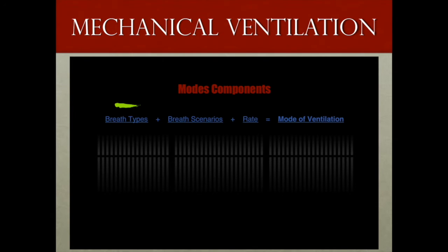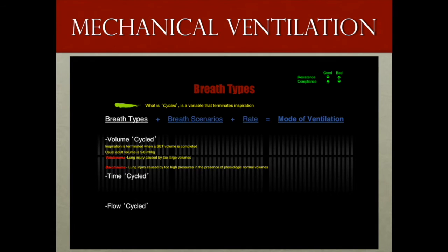The first aspect of mechanical ventilation we need to discuss are breath types, and there are 3 common breath types: volume cycle breath types, time cycle breath types, and flow cycle breath types. Volume cycle breath types, basically the word cycled means a variable that terminates inspiration.